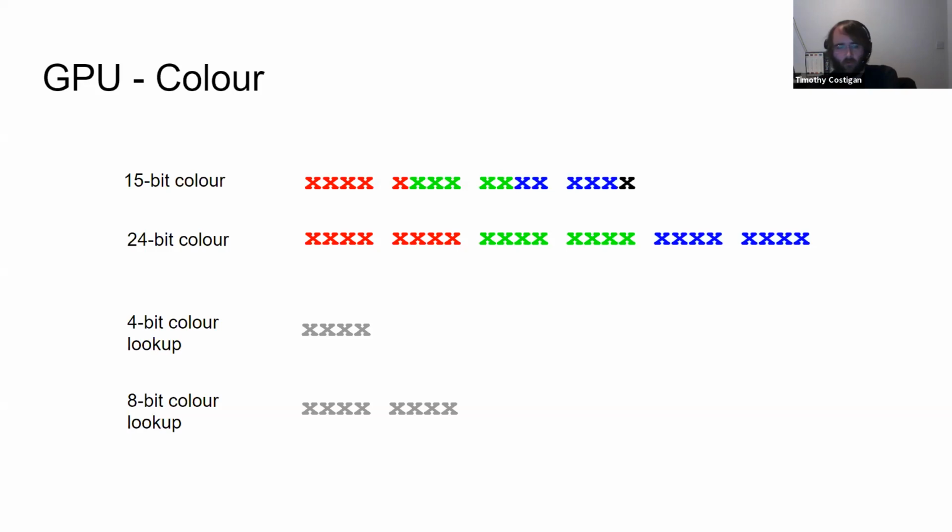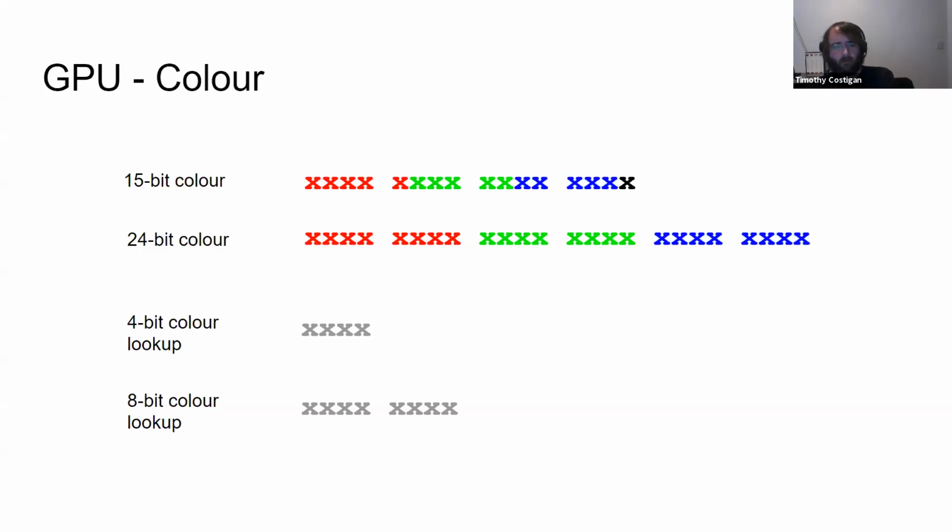It could do 24-bit color in special circumstances. It had a thing called the MDEC, the motion decoder, which was very similar to an MPEG-2 decoder, and it's what did all the FMV cutscenes on the PlayStation. And I believe it could do 24-bit, but in general, most games were 15-bit.